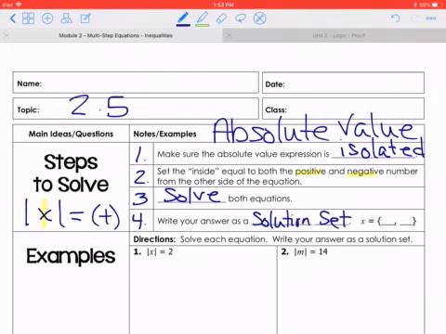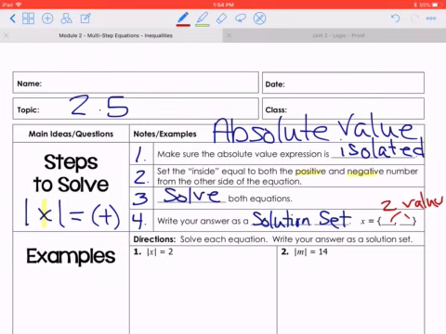So that means x can be equal to, and then you're going to use these little brackets, and you will have two answers in there. The answer you get from your positive one and the answer you get from your negative one, okay? So just a little note here, you will have two values that x could be equal to, all right? Two values, that's what goes in here.